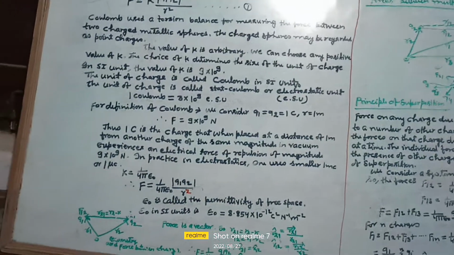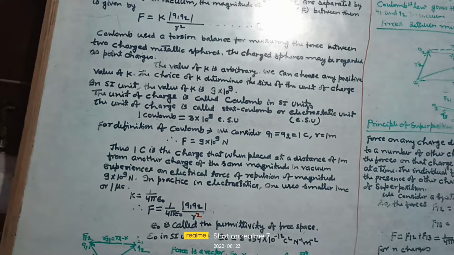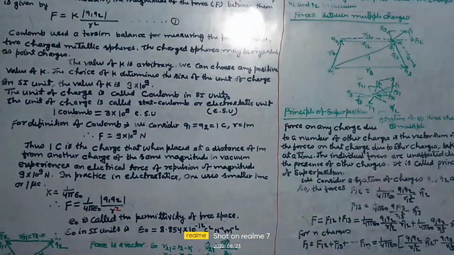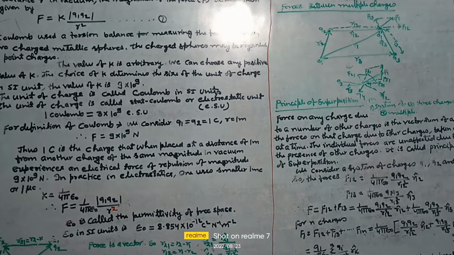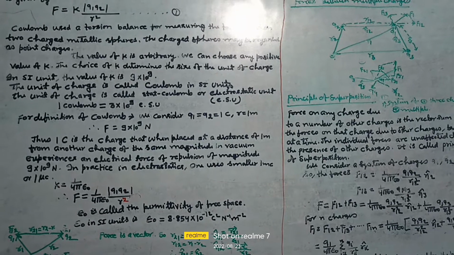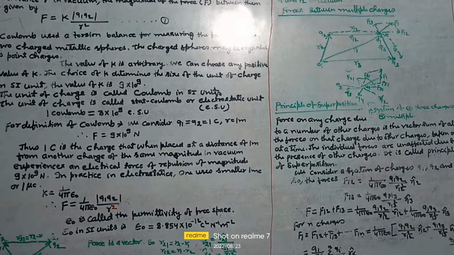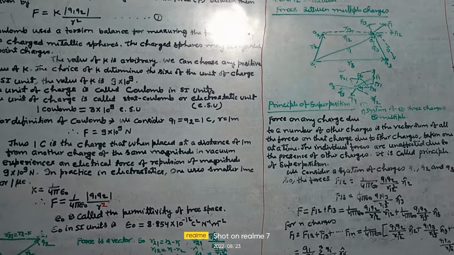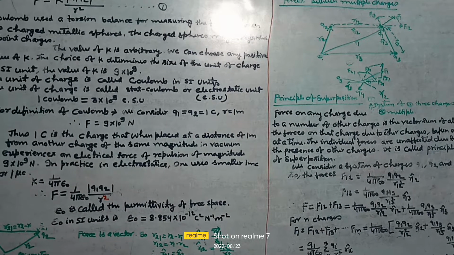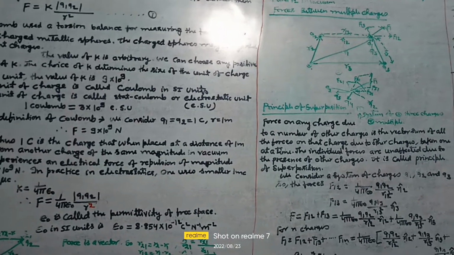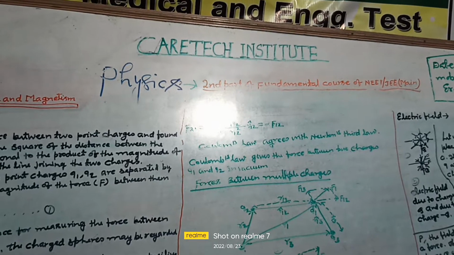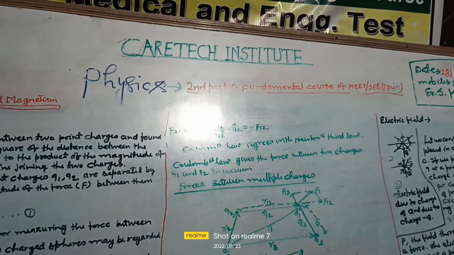For multiple charges, as shown in the figure, charges Q1, Q2 are at distances R1, R2 from O. The force is a vector quantity, therefore R21 = R2 − R1, R12 = R1 − R2. The unit vectors are R̂21 = R21/|R21|, R̂12 = R12/|R12|. Therefore F21 = (1/4πε₀) Q1 Q2 / R21² times the unit vector R̂21, and F12 = −F21.